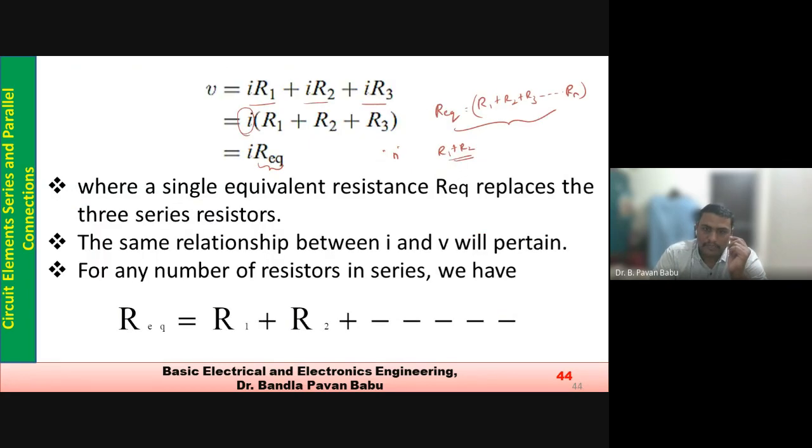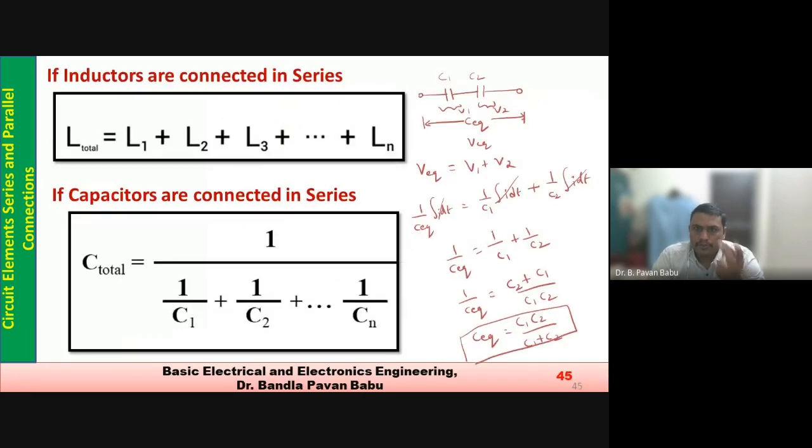I would like to highlight that when two resistors are connected in series, we have to go for summation: R1 plus R2. If two inductors are connected in series, we can go for L1 plus L2. When two capacitors are connected in series, the equivalent is C1 C2 by C1 plus C2.